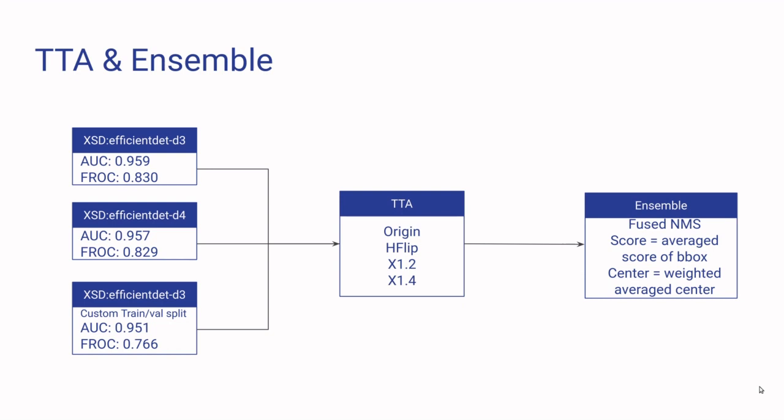The standard NMS will just suppress the low scores and only take the highest score and its bounding box. Here I average all of the matched bounding boxes and also average the center, which gives comparable, slightly better performance.